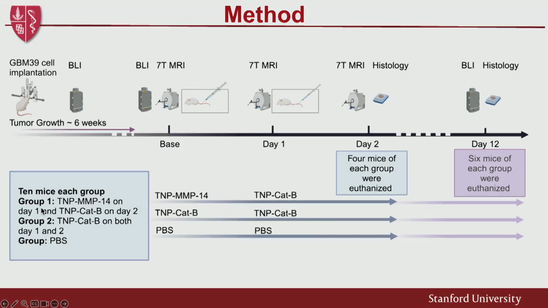The first group is the combination therapy group: we injected TMP-MMP14, the vascular disrupting agent, plus TMP-CATB, the tumor-targeted theranostic nanoparticles. In group 2, we just injected the tumor-targeted theranostic nanoparticles. And the last group is the control group, injected with PBS as a placebo.